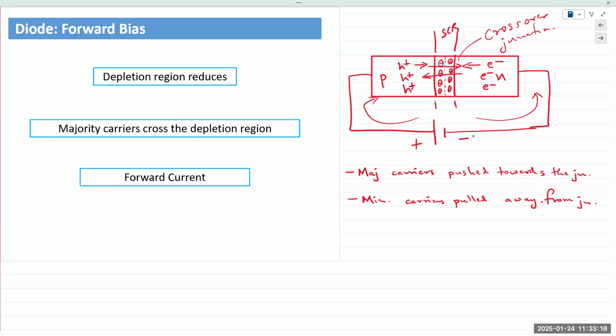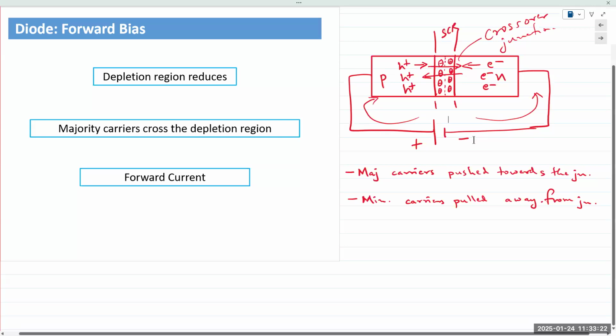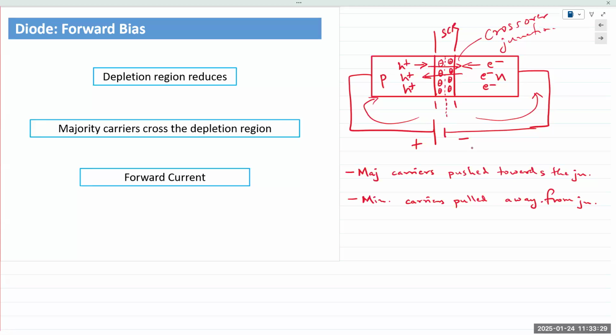In a sense, yes. So current is not technically flowing unless it crosses the junction. And that only happens once it crosses 0.6, 0.7 volts.